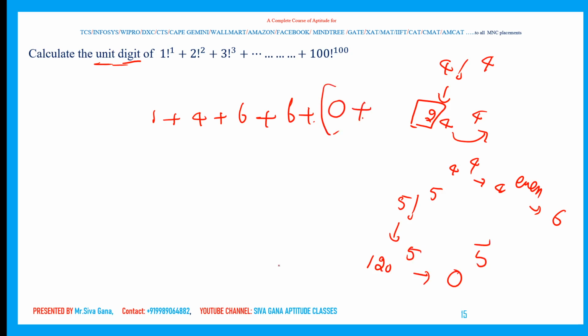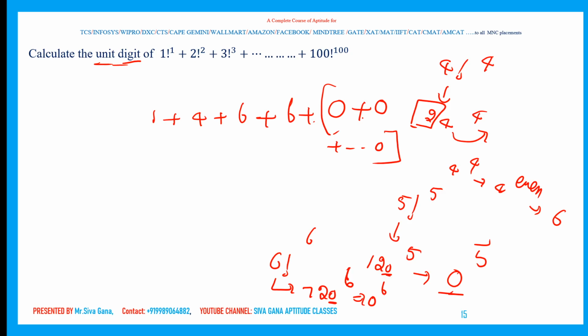Next term is 6 factorial power 6. 6 factorial is 720. Its unit digit is simply 0 power 6, again 0, plus and so on, all are zeros.